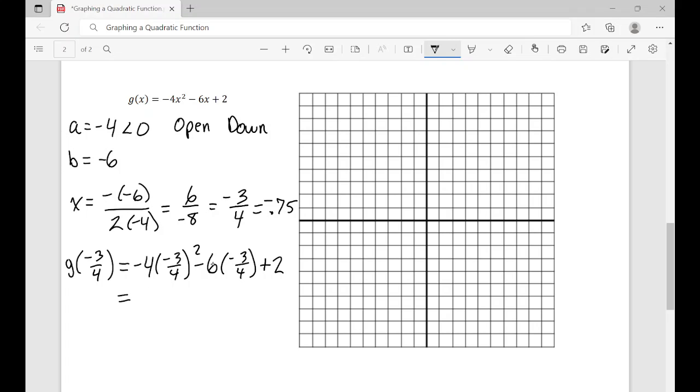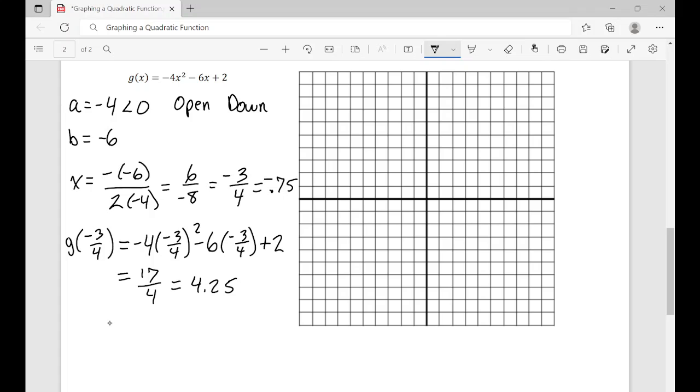And so there's a whole lot here, so I'd recommend throw it in a calculator, let it do the heavy lifting for you. But you're going to come out with 17/4 as your y value. Or if you want to, you can write it as a decimal, 4.25. So I'd recommend probably using decimals when it comes to graphing because it's a little bit easier.